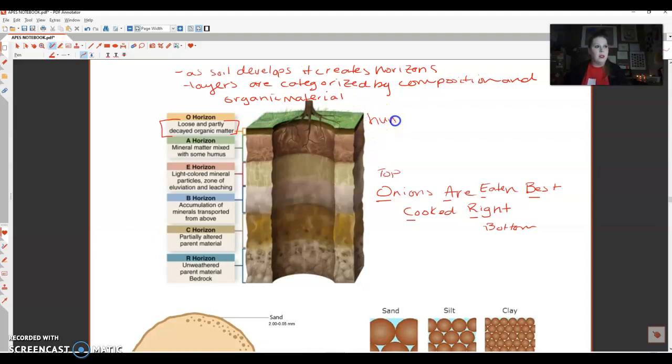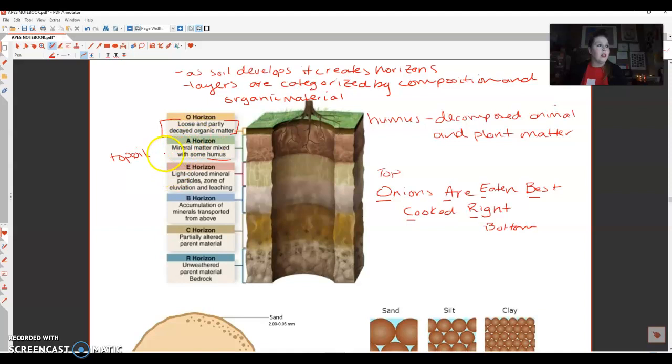Humus is decomposed animal and plant matter. That's definitely not what you eat. Decomposed animal and plant matter. Okay, so A horizon is what contains our humus, and this is what we call topsoil.